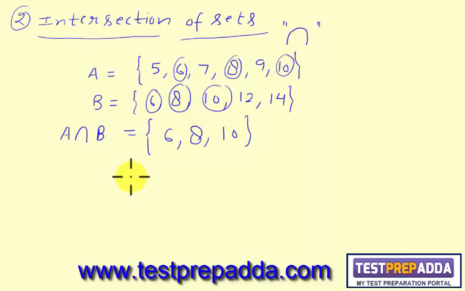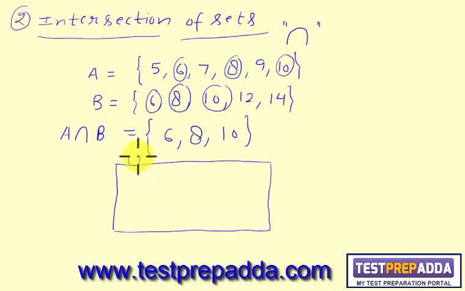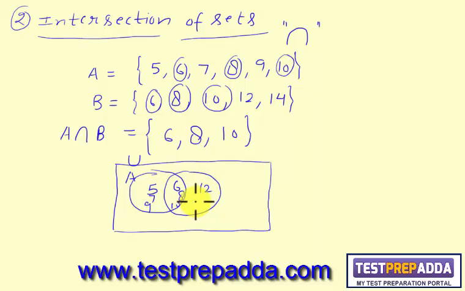Now in Venn diagram, first of all I'll draw a rectangle for the universal set U, and circle A, set A, 5, 6, 7, 8, 9, 10, and B as 6, 8, 10, 12, 14.